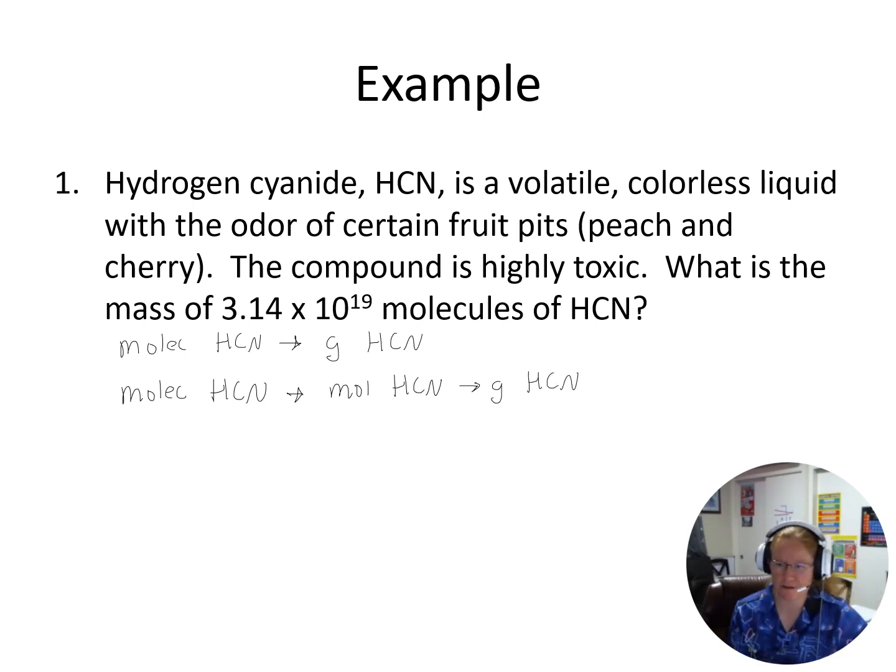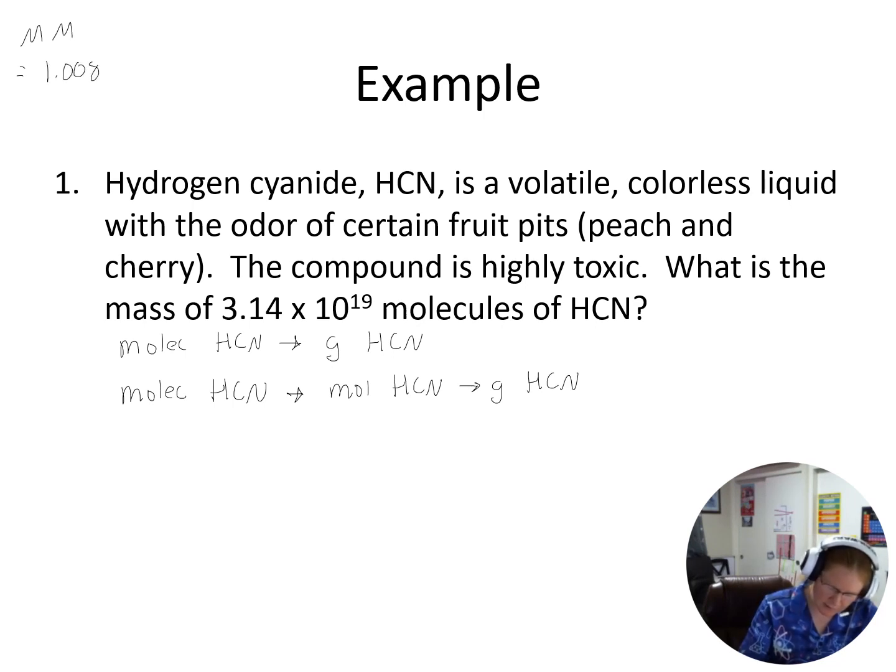Okay, in order to do that, we do need to know the molar mass. So I'll calculate that up here. Okay, so hydrogen is 1.008, carbon is 12.01, and nitrogen is 14.01. Okay, so you can absolutely look at a periodic table as you do this. I have a lot of these memorized because I've worked with them for a very long time now.